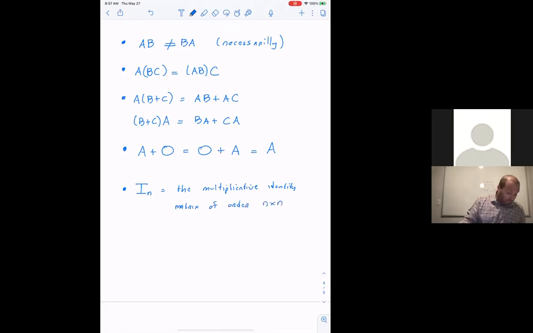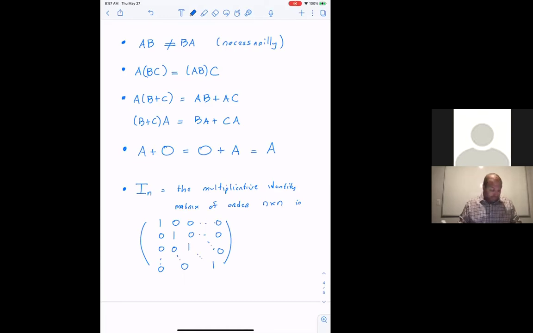It's got to be square. The multiplicative identity matrix of order n by n is the matrix that has 1s along the main diagonal, top left to bottom right, and 0s everywhere else.